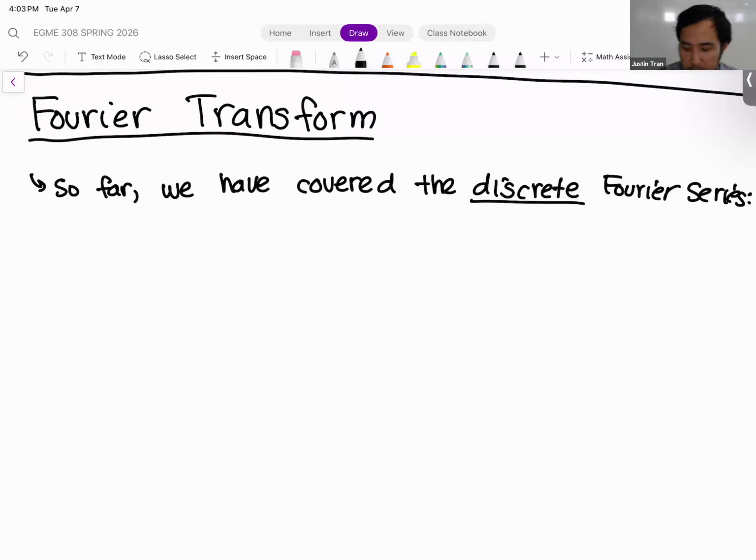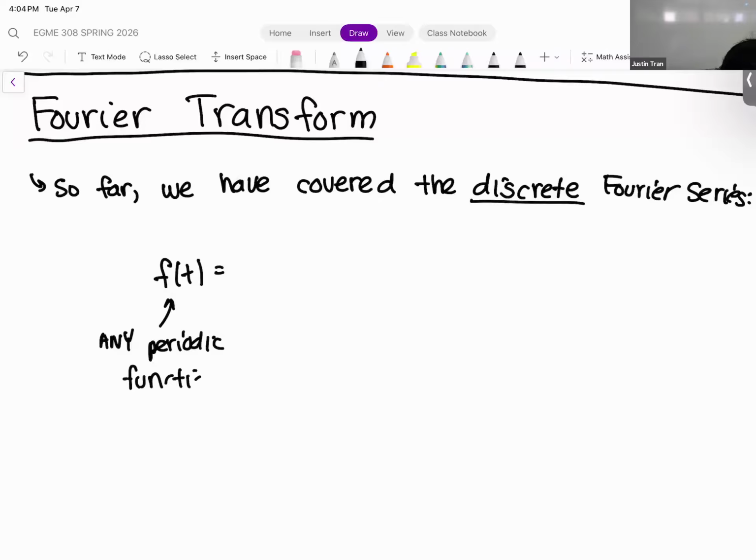I'll explain what that means in a second. Just to jog your memory, remember, the Fourier series was a method for functional representation. You can take any periodic function f of t. And remember, the requirement is that the function has to be periodic, so it does have to repeat itself on a fixed interval.